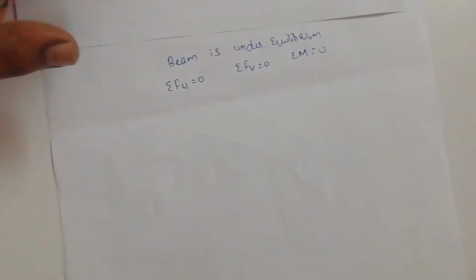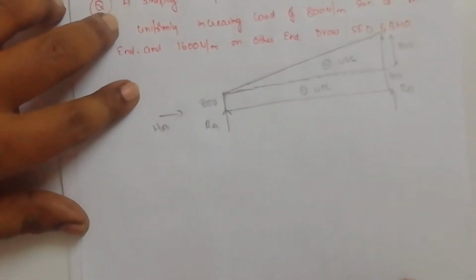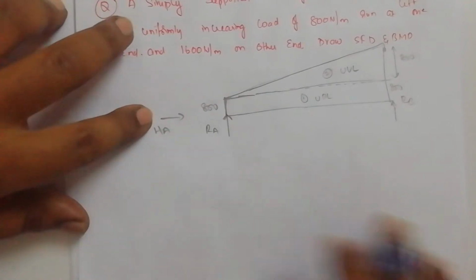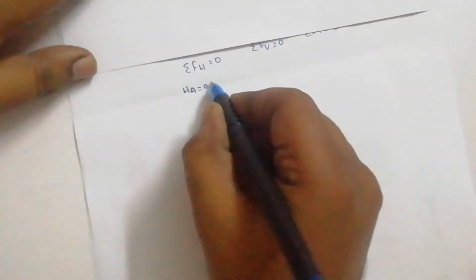For horizontal forces, as per the diagram, we have only taken the reaction at point A, which tries to act towards the beam. So HA will become equal to 0.